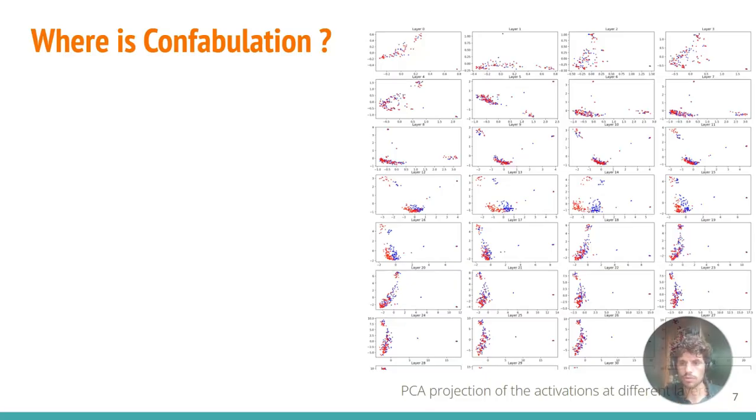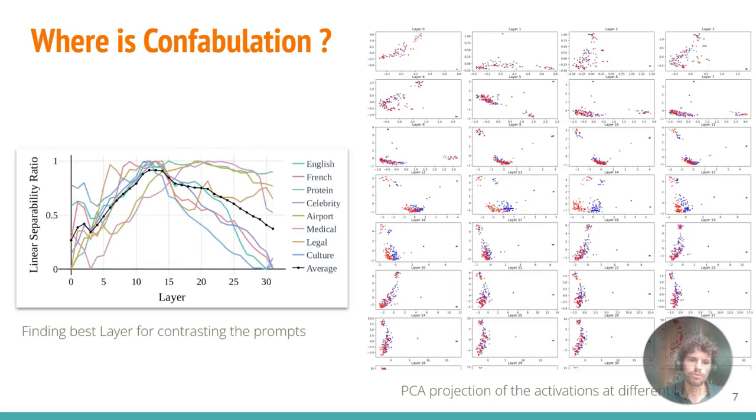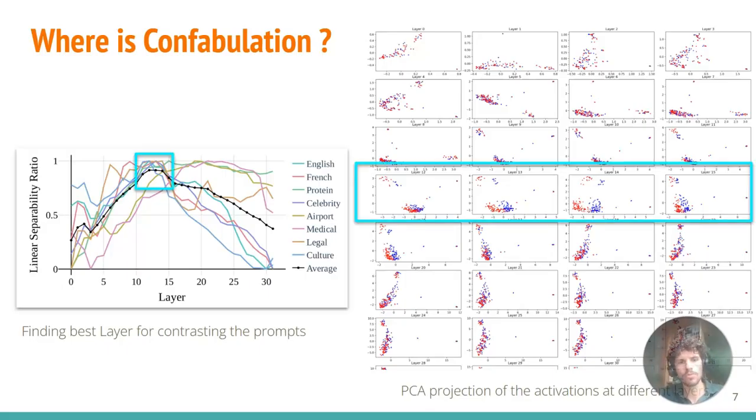And then when we go towards the end, it mixes up again. So if we create a specific metric to know how much we can disentangle these two contrastive data entities, we can see that there is precisely a moment where there are some layers where the feature that we're looking for, confabulation, is more precisely located.